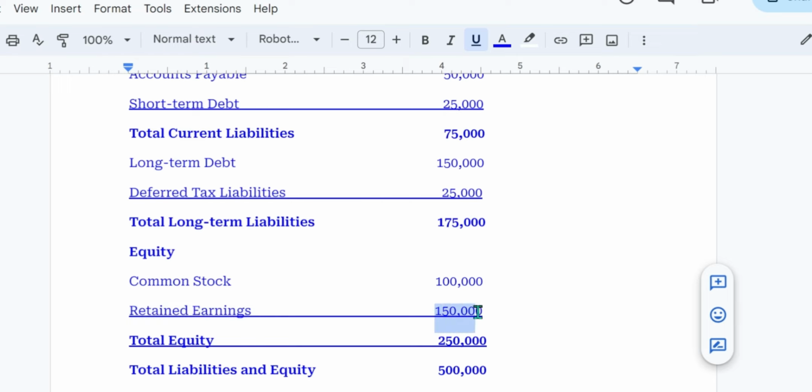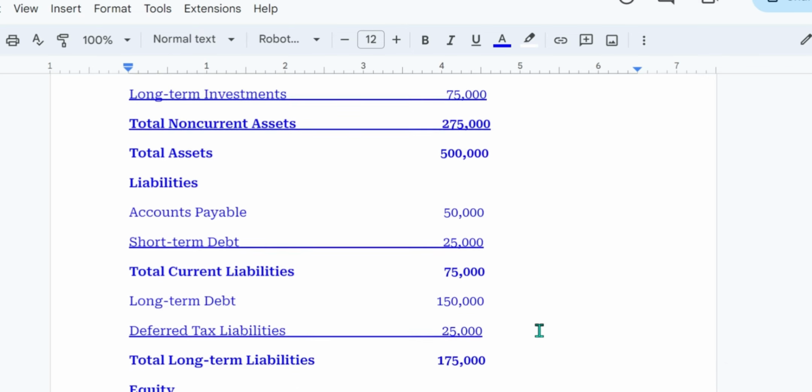And here that is 150,000. So adding these two gives us total equity of $250,000. Adding up the total liabilities of 75,000 plus 175,000 plus our equity of 250,000 gives us total liabilities and equity of 500,000.